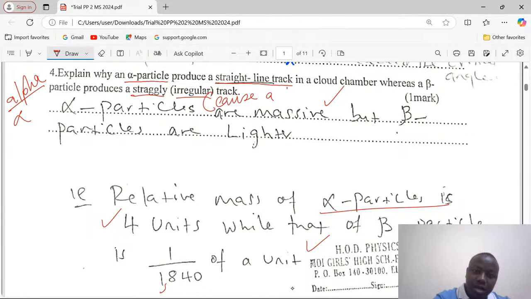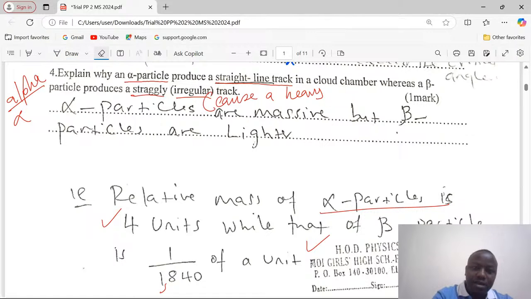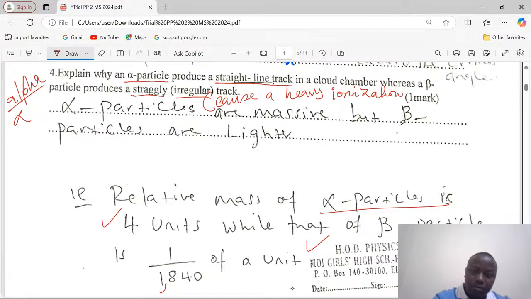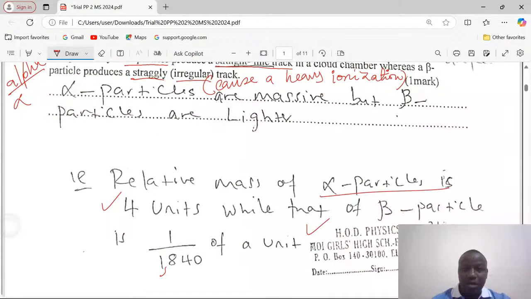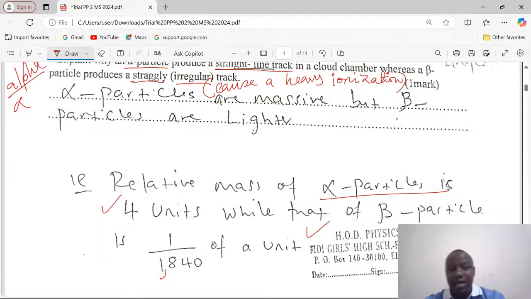They cause heavy ionization. The ionization effect is greater than for beta particles, which are lighter, moving very fast, and not having time.